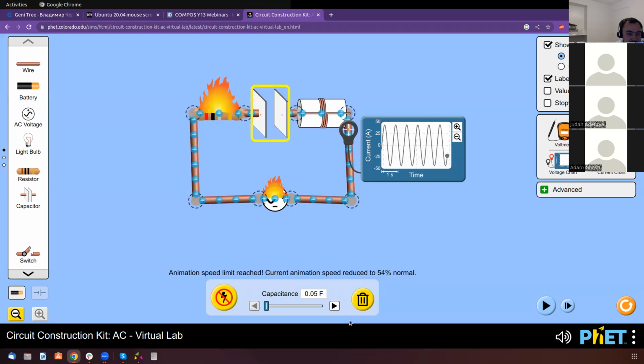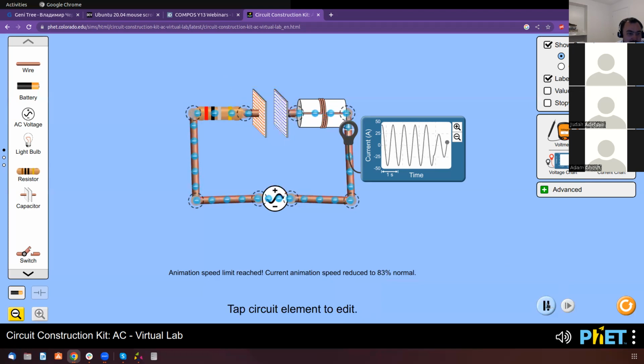So let's start again. It goes from 25 to 50, so it keeps increasing. So this is resonance, or at least very close to resonance, because it's not exactly that number.